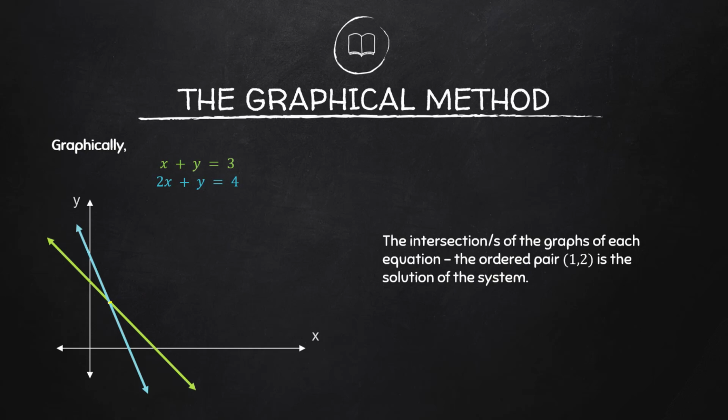So graphically, if you want to solve for the solutions of systems of linear equations, then you can graph the equations, and then you can find the intersections, and those intersections will be the solution of your systems of linear equations. But what if they don't have any intersection?